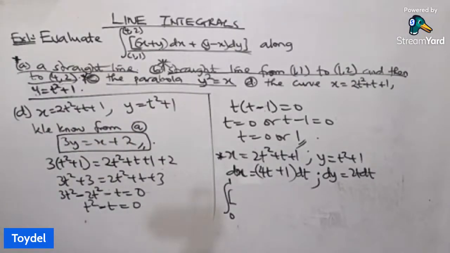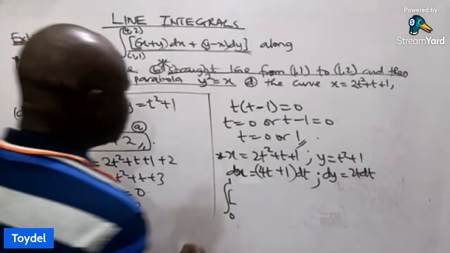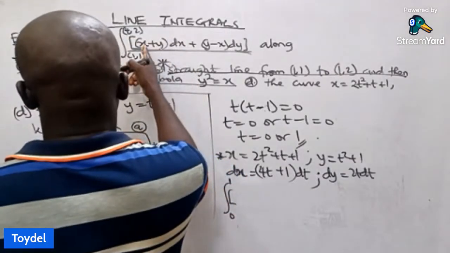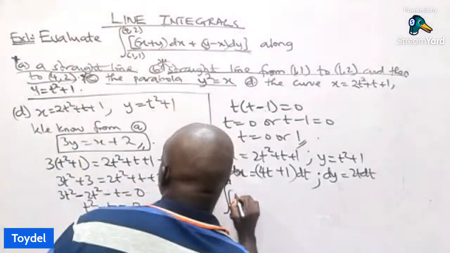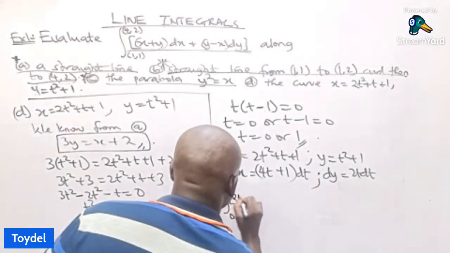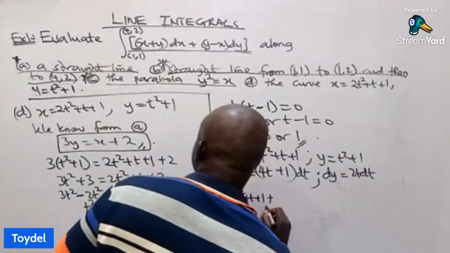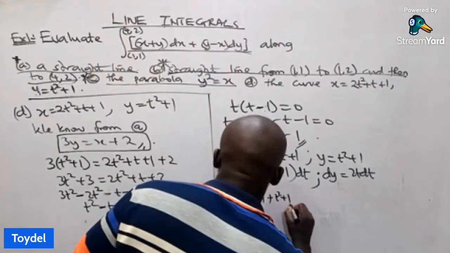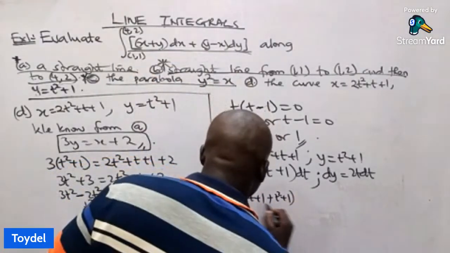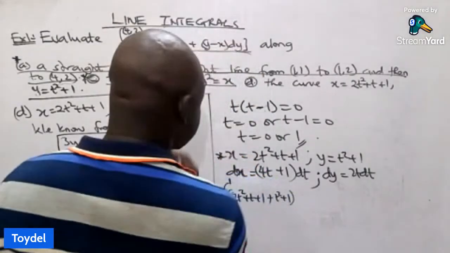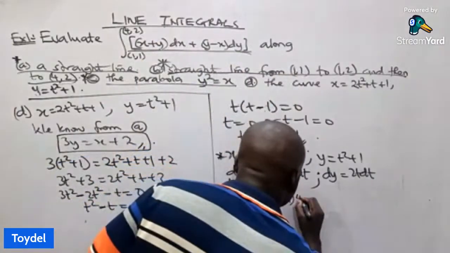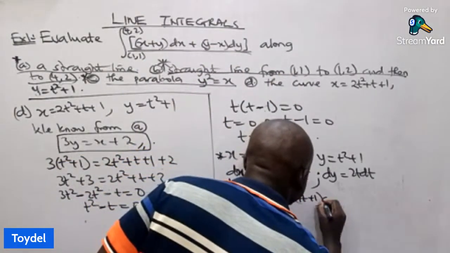So x will now be equal to 2t squared plus t plus 1, plus y is equal to t squared plus 1, into brackets, dx in terms of t will be 4t plus 1 dt.